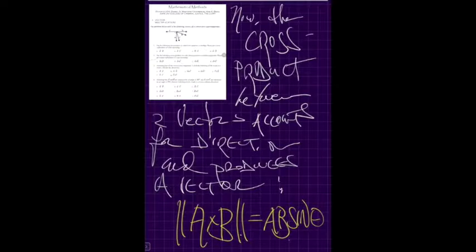Like the cross product is a directional measurement of directional relationship. So the more perpendicular two vectors are, the more of a cross product they'll give. And so again, it'll be the size of one times the size of the other, but then times the sine of theta, which gets bigger and bigger as you get closer and closer to total perpendicularity.